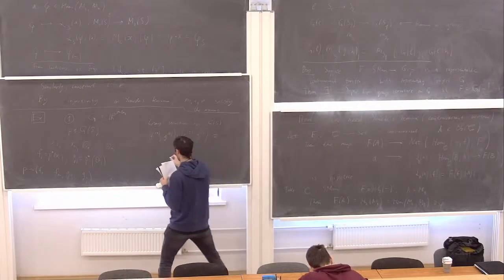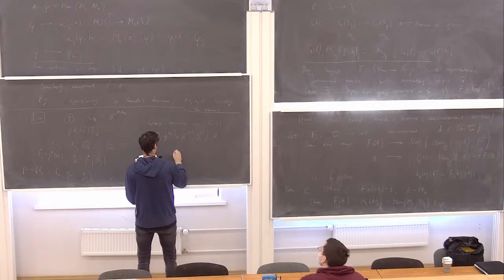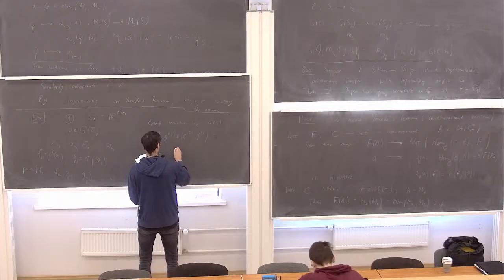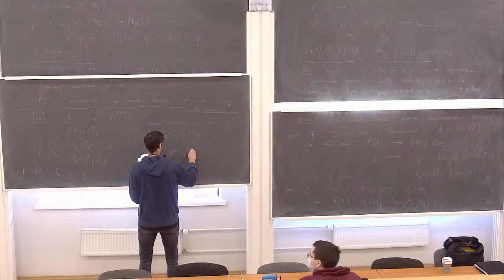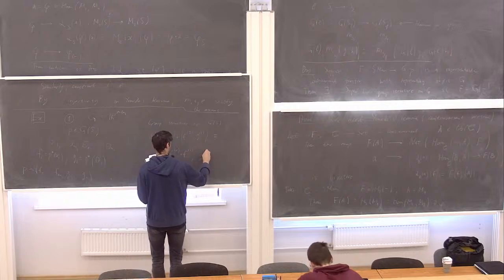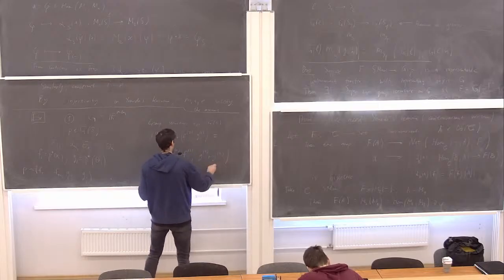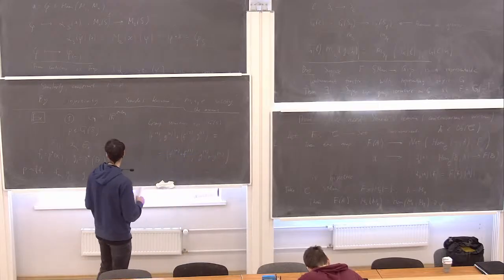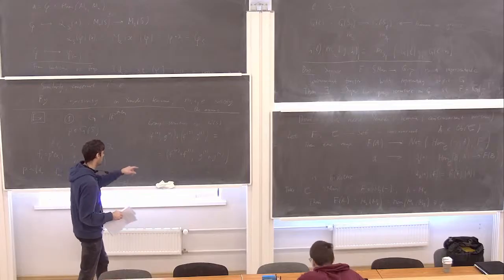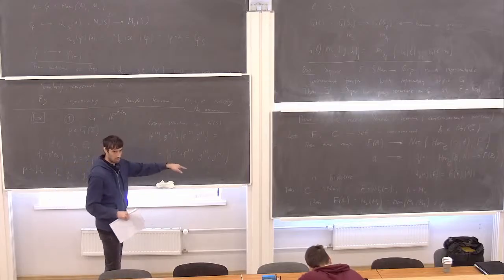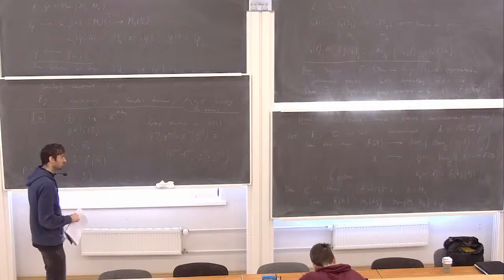Functions I can add, since this is a ring, so it's just f1 plus f2, g1 plus g2. I am kind of lazy to write the indices, but it's clear what I mean, right?